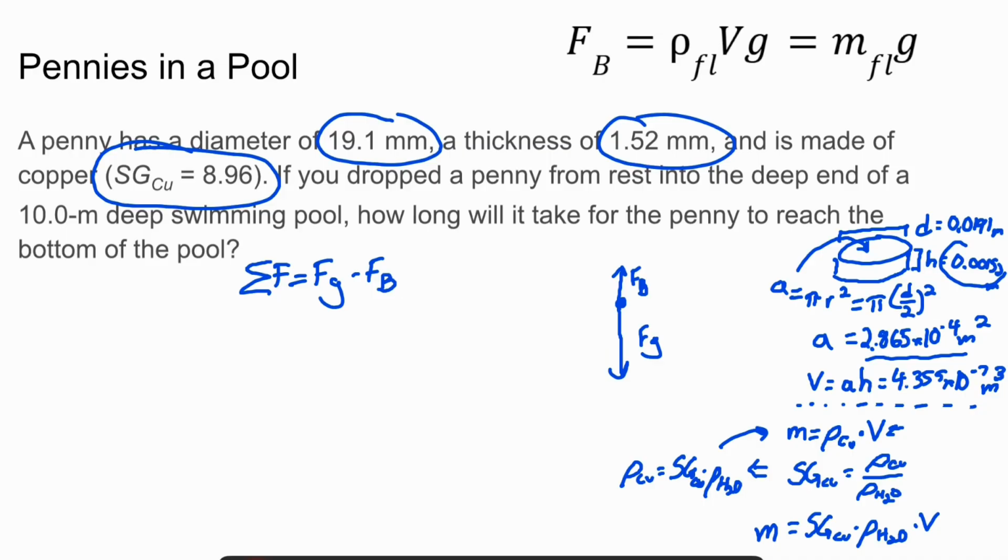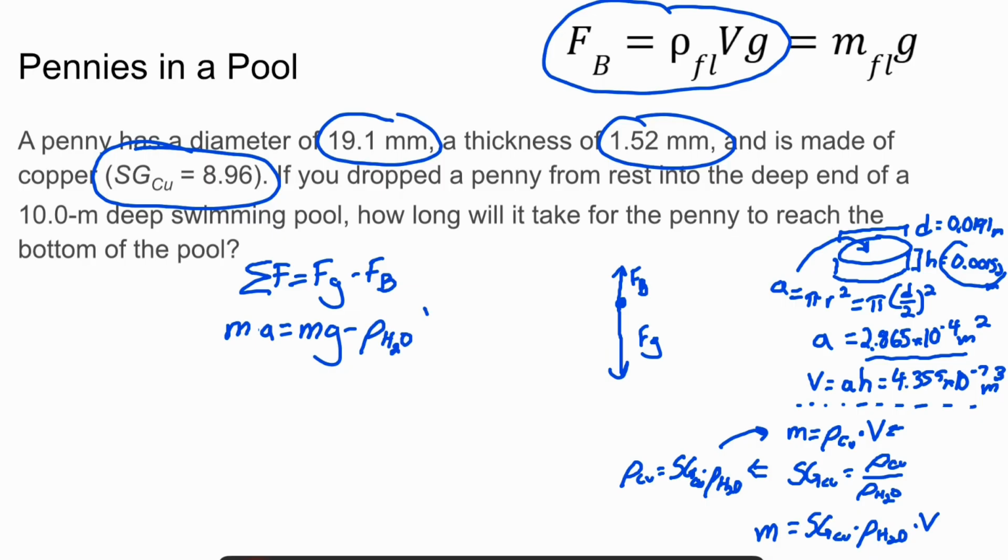So we can start plugging in numbers over here. We know that our net force equals our mass times the acceleration. Our force of gravity is the mass of our penny times g, the acceleration due to gravity. And we have a term for buoyant force we can substitute in here, which is the density of our fluid, in this case H2O, times the volume that the penny occupies times g.